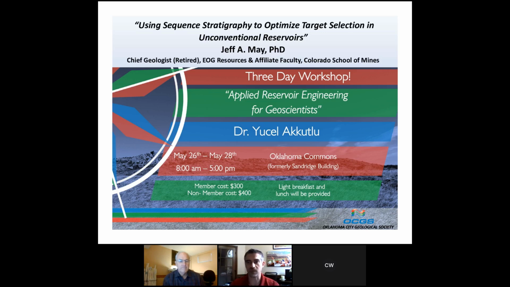He's worked for over 40 years as a research geologist, starting out with Marathon Oil, then worked as a geologic and geophysical consultant with Enron Oil and Gas, and then moved over to GeoQuest Reservoir Technologies, and then worked for DDD Energy, and then finally getting to EOG Resources and started there as the chief stratigrapher and retired as the chief geologist in 2011.